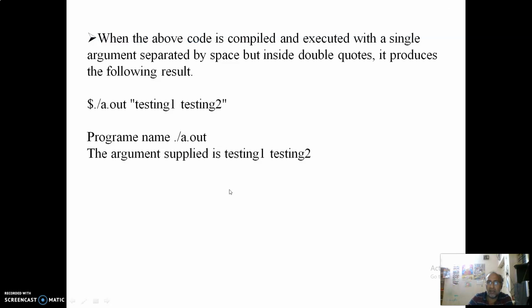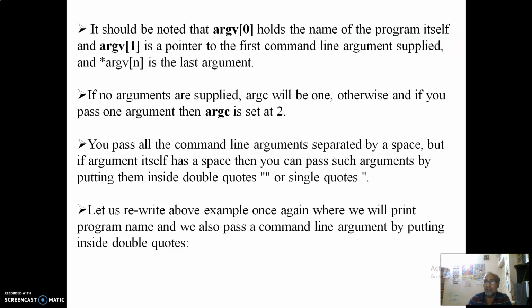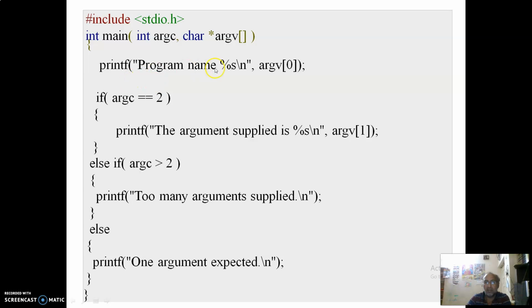Now, when the above code is compiled and executed with a single argument containing a space, but inside double quotes, it produces the following result: the program supplied is testing1 and testing2.